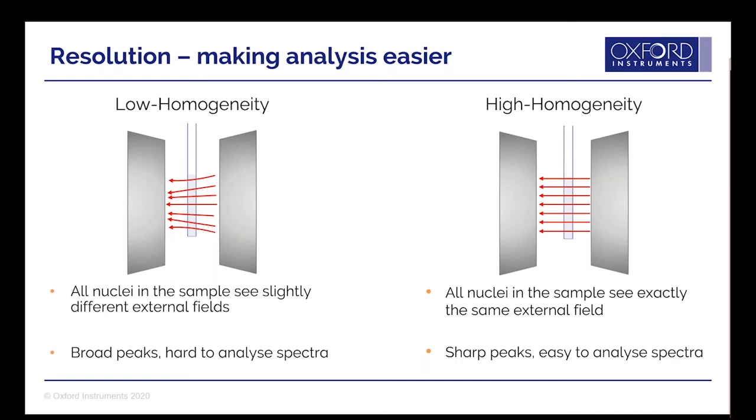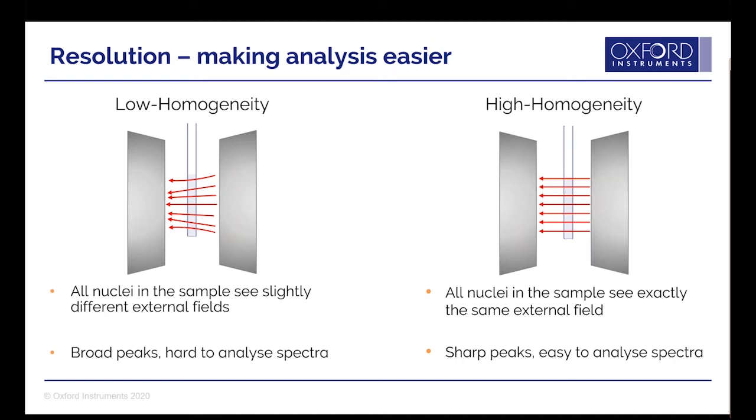What we've done is move to much higher homogeneity. We've put a lot of work into improving the homogeneity so that essentially more or all of the nuclei see exactly the same external field. That means that the peaks are sharper and your spectra are easy to analyze.